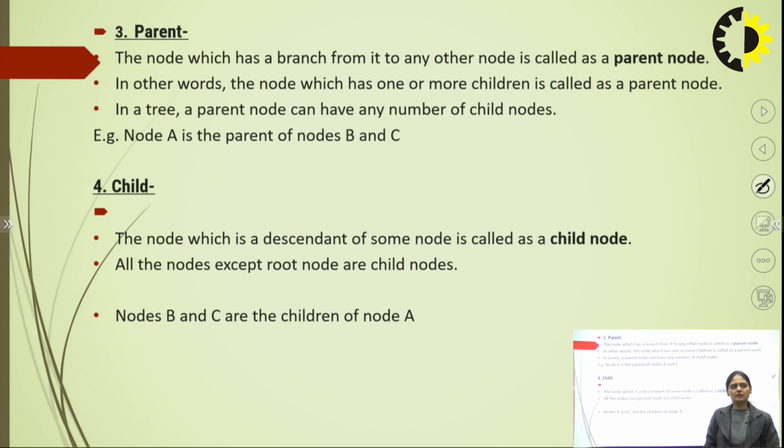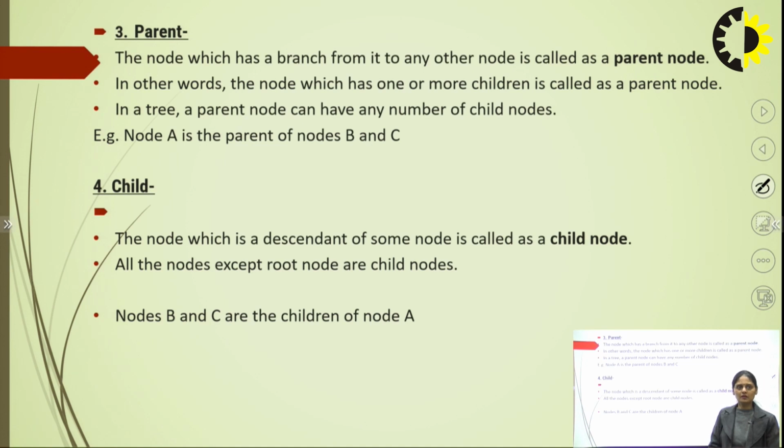Next is the parent. The parent node, the node which has a branch from it to any other node, is called a parent. A parent may have multiple child nodes. So a node which has one or more child nodes is called a parent. As we can see in family relations also, there is a parent and there are multiple children of the parent. In the same way, a tree also forms a hierarchical structure.